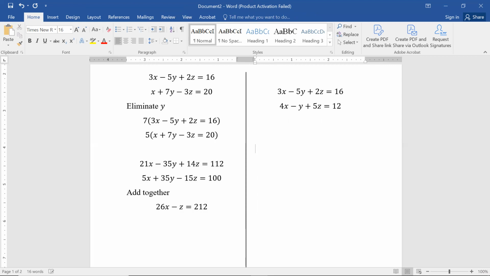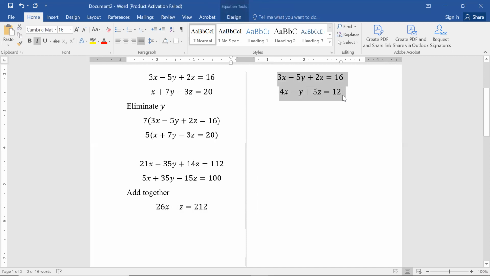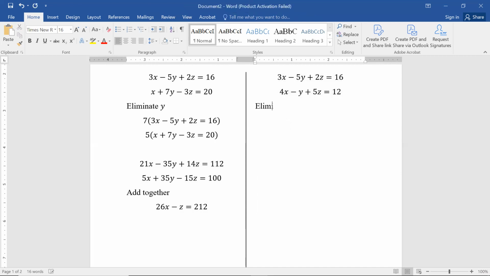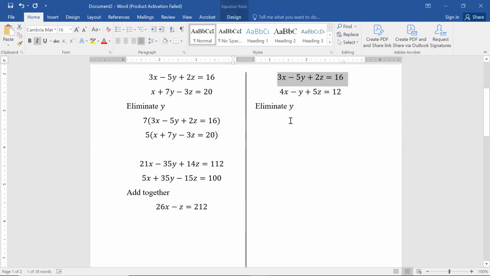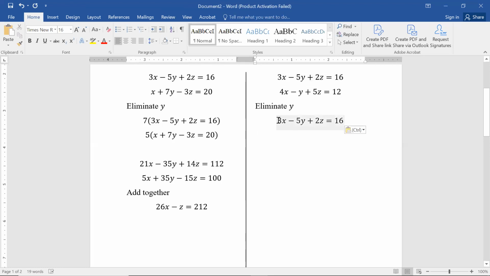So take the other pair, equations 1 and 3, and we'll eliminate the y's on these. Again, you have to eliminate the same variable on both. So we take equation 1 and equation 3.